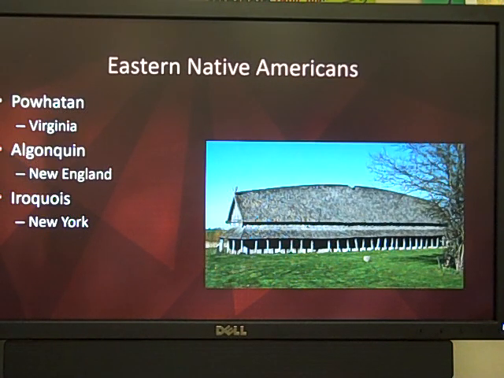You have English as both a language and a group of people, and then you have English-speaking people that are not English, i.e. Scottish or Irish or American or Australian or whatever. So the Algonquins are a Native American group in the New England area that will play a rather prominent role. And again, that's a larger sort of nation.